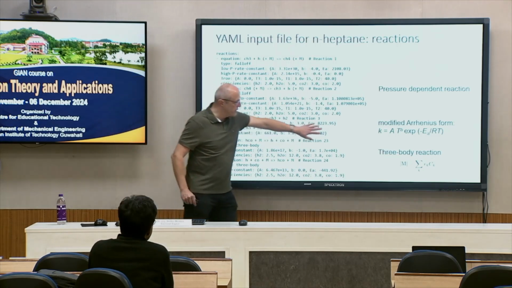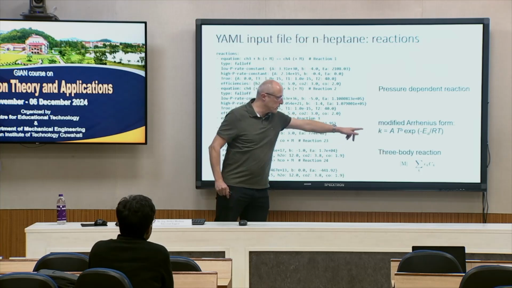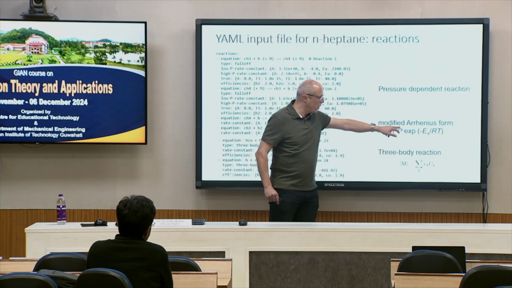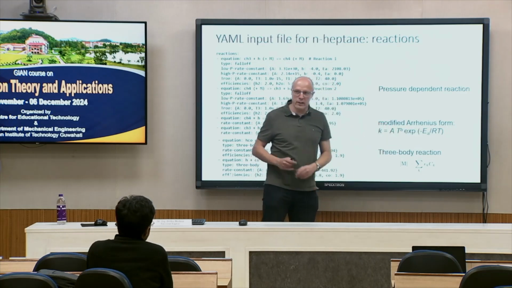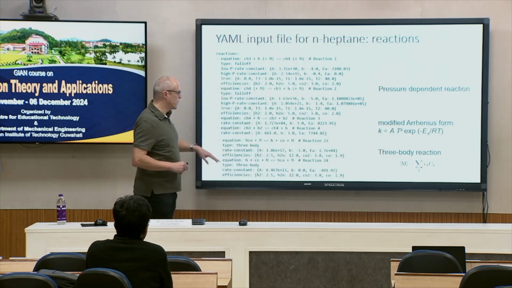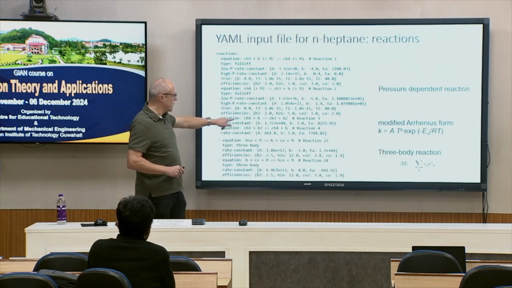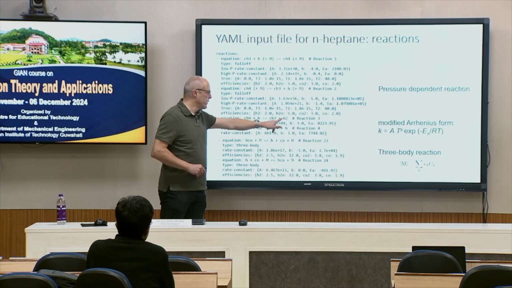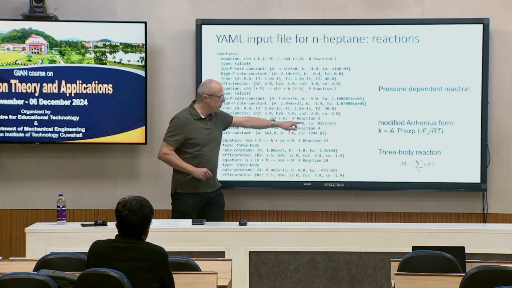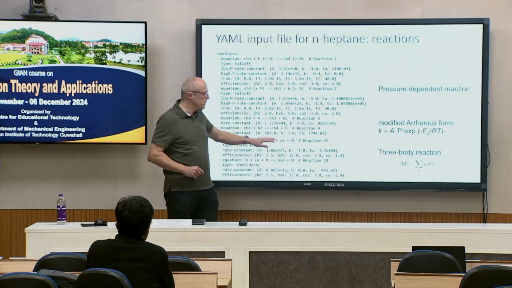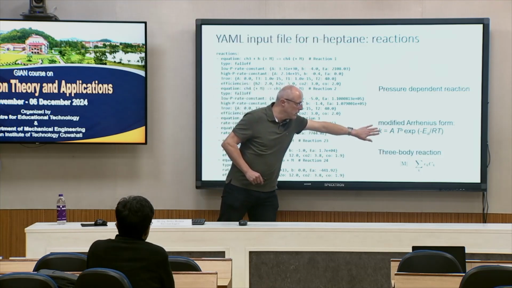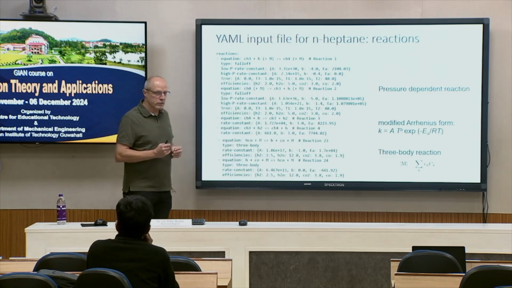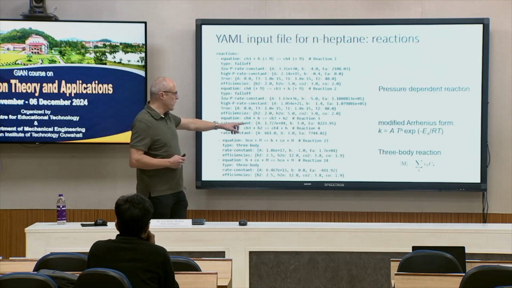The classical way is the modified Arrhenius form: k equals the pre-exponential factor A, T to the power of b, and then the activation energy. So when we look here, we have this equation CH4 plus H gives CH3 plus H2. And here we have A, we have b, and we have the activation energy. These are the 3 parameters we need to solve the reaction rate as a function of temperature for this specific equation.